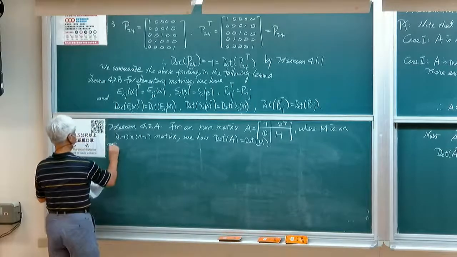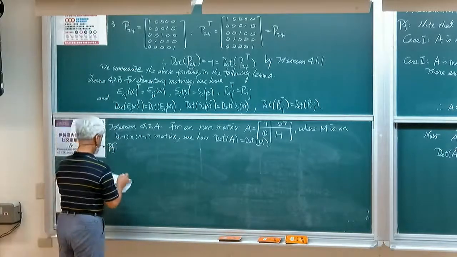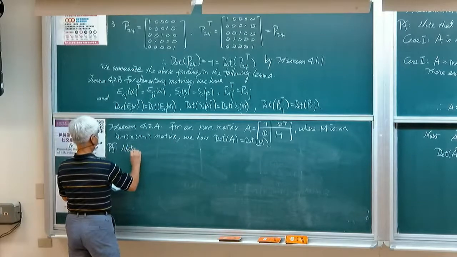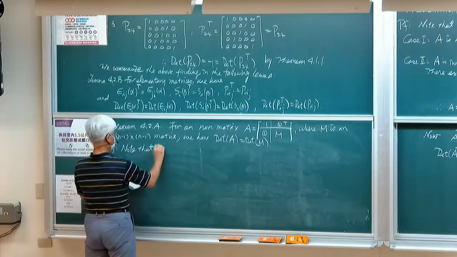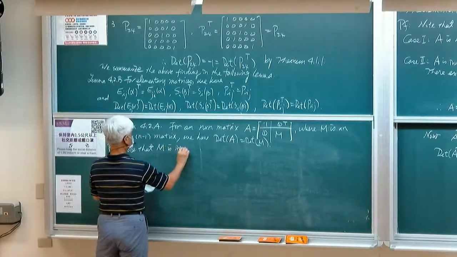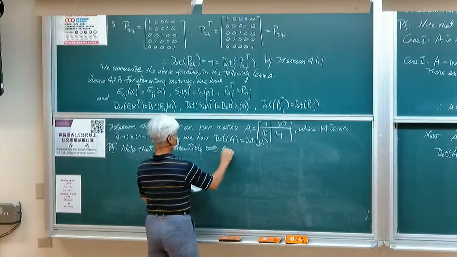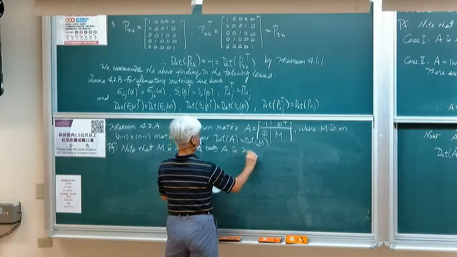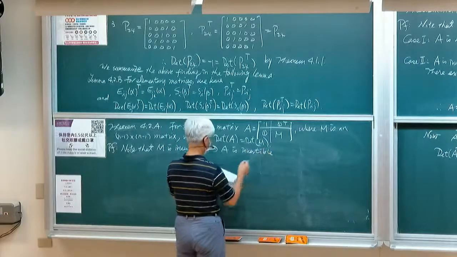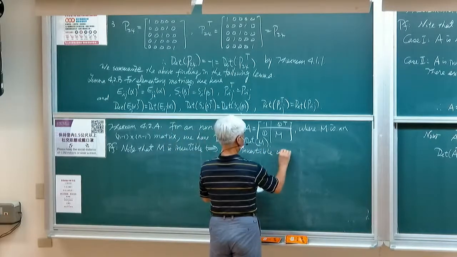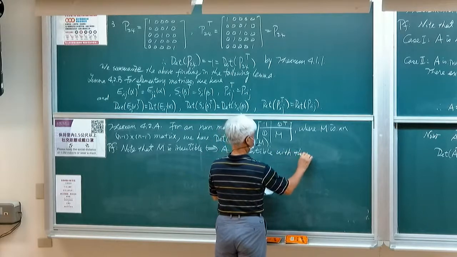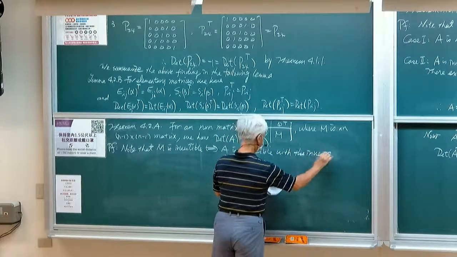All right. So for the proof, note that M is invertible if and only if A is invertible. With the inverse, so we have to provide an inverse, right?